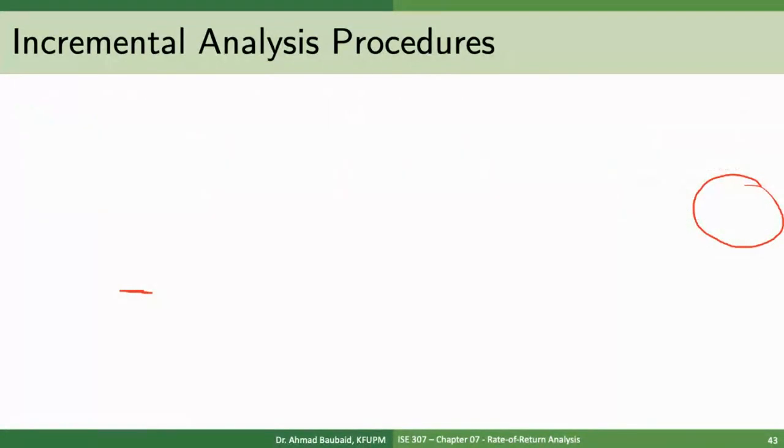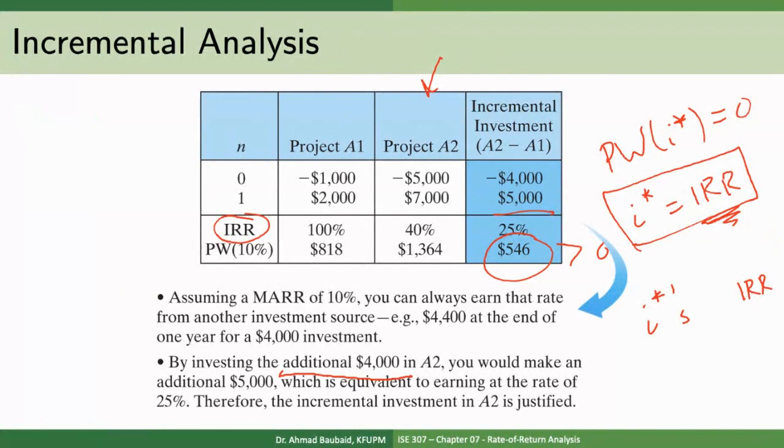So if I go back to the table here, I obviously made my justification based on the present worth, but I could also just look at this value here, 25%. That is greater than my MAR of 10%, therefore I accept it. These two are consistent with each other, whether you use the present worth on the incremental one or just compare it to the MAR, they will give you the same answer.